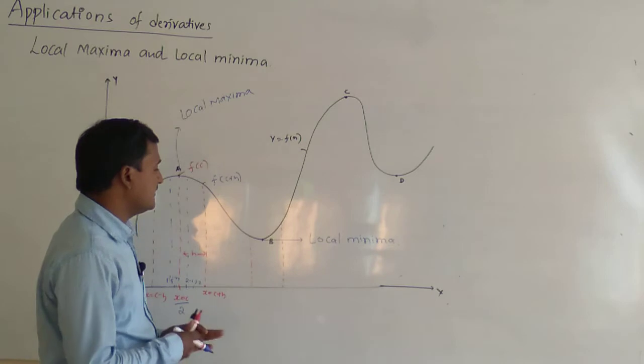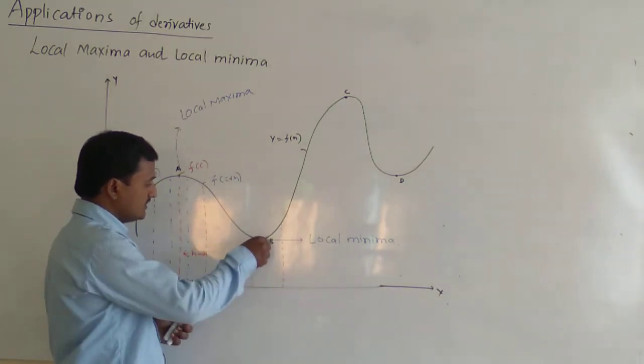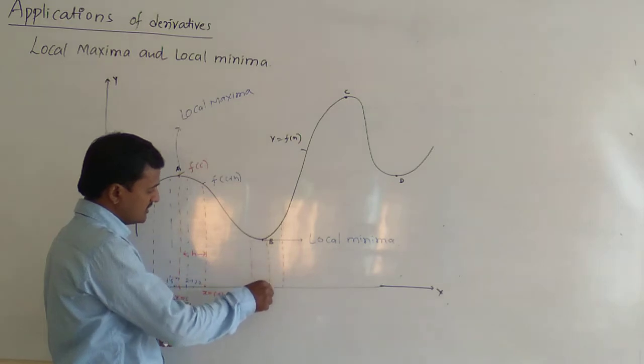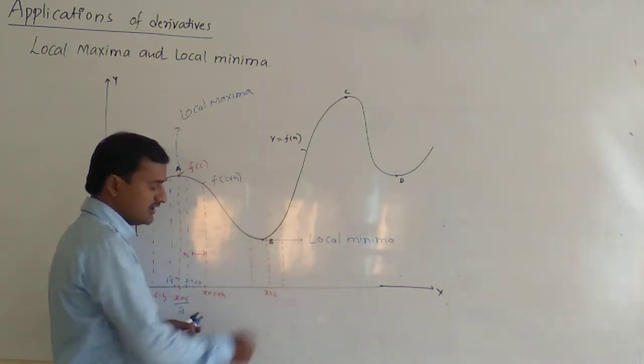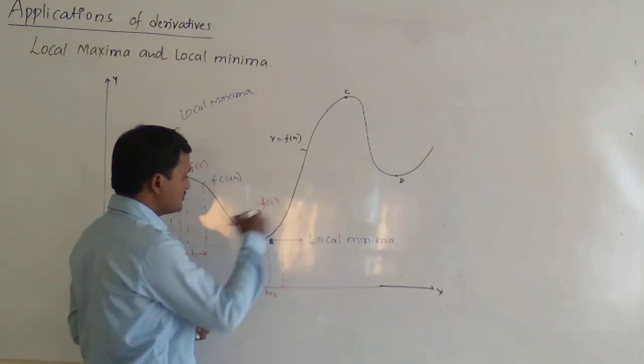Similarly, here I will take the point x equal to c. So at x equal to c, here I am getting f of c.